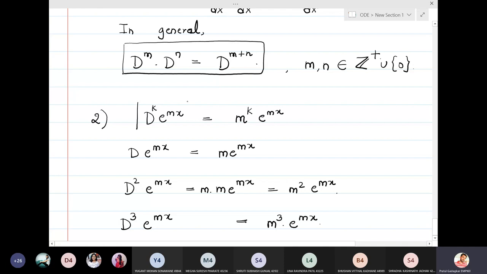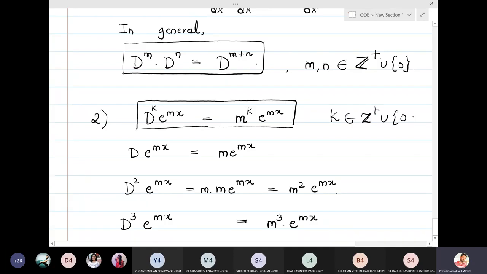This is the second simple property that we observe, where k is some positive integer, and you can also take the zero derivative, right?